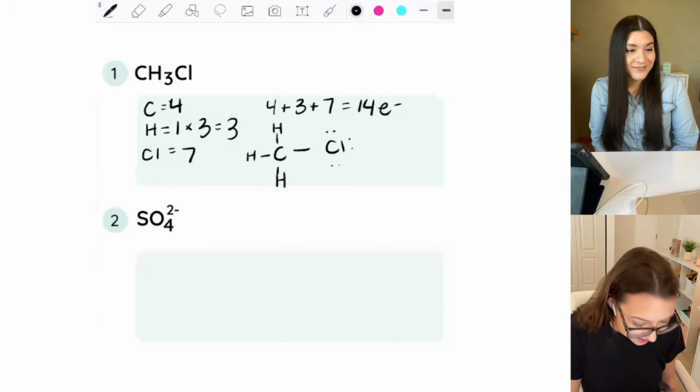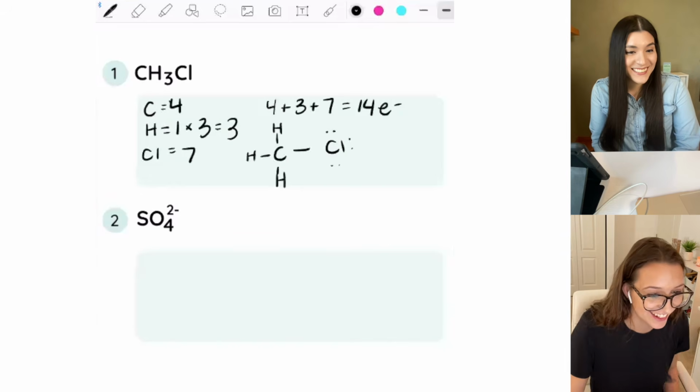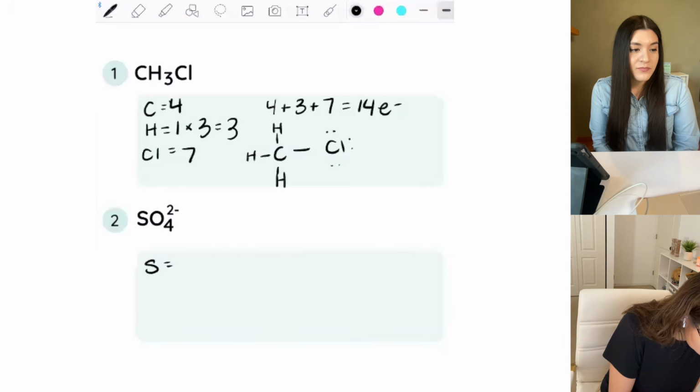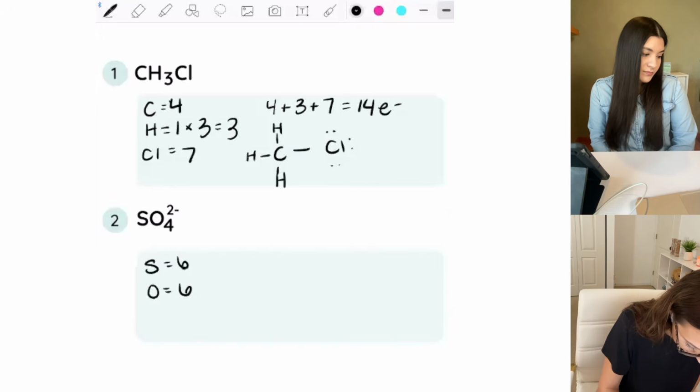Okay, all right. So sulfur has 6. Good. Oxygen also has 6, but times 4 is 24.